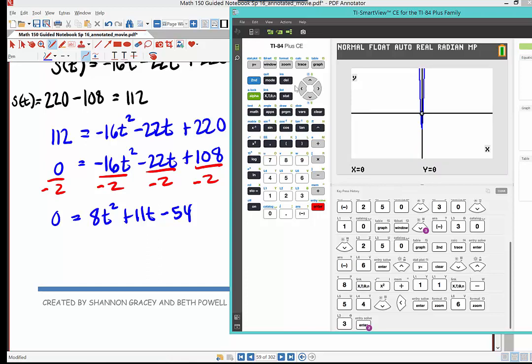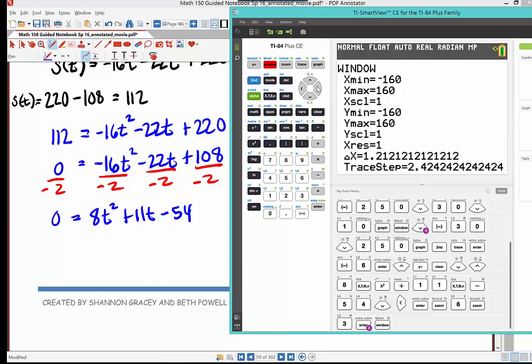Well, that's not very illuminating. So what's our window here?